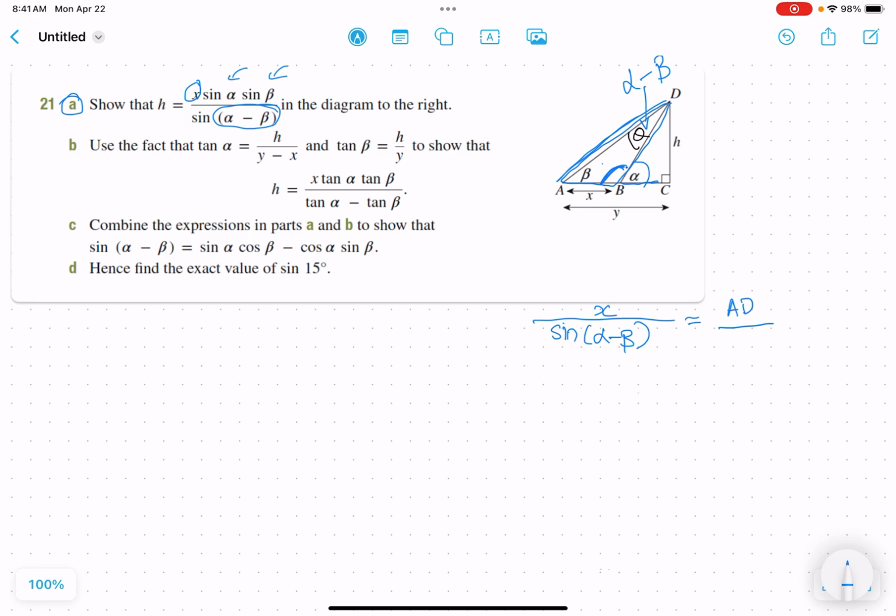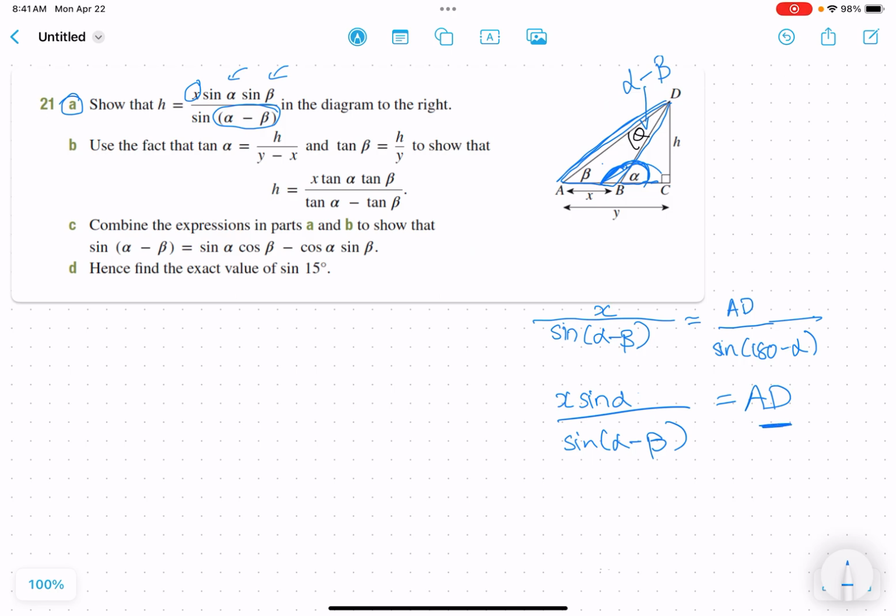That angle there would just be 180 take away alpha, so sine of 180 take away alpha. I don't mind using that because in the second quadrant, sine of 180 take away alpha is the same as sine alpha. So if I pop that on this side, I've got AD as the subject.